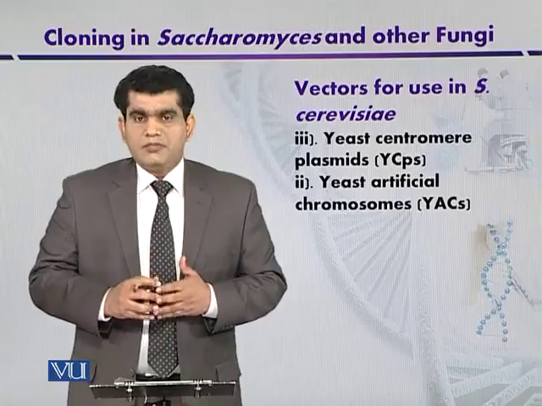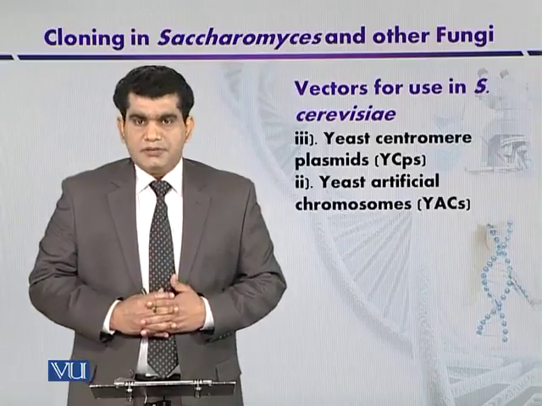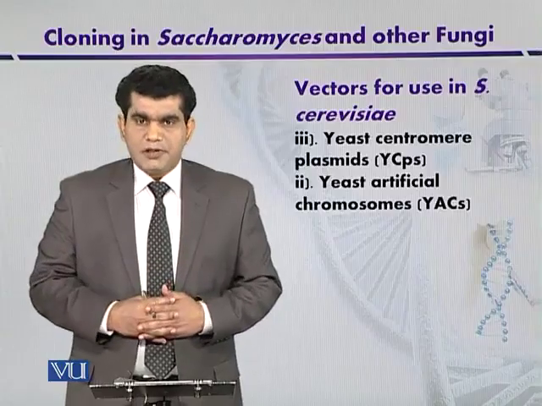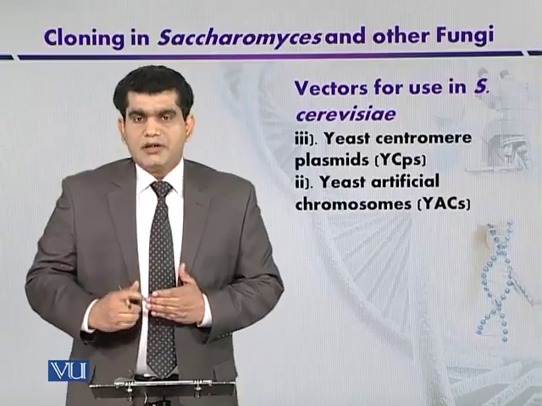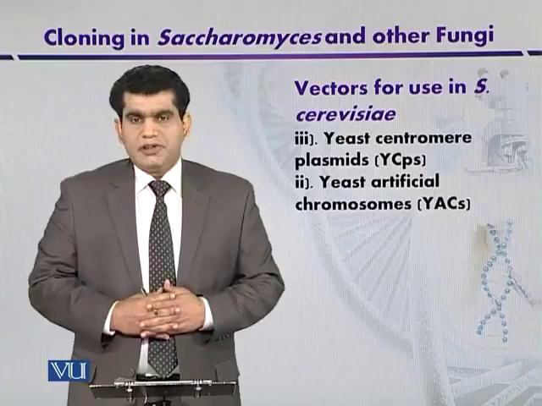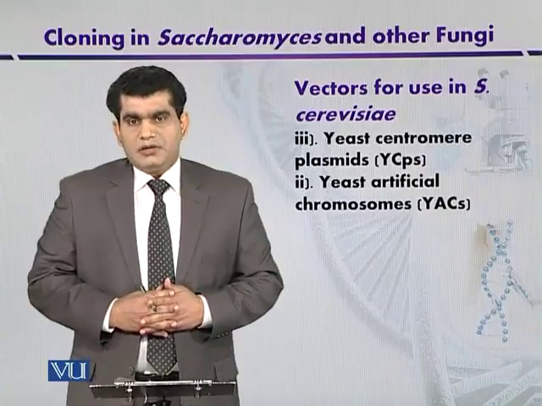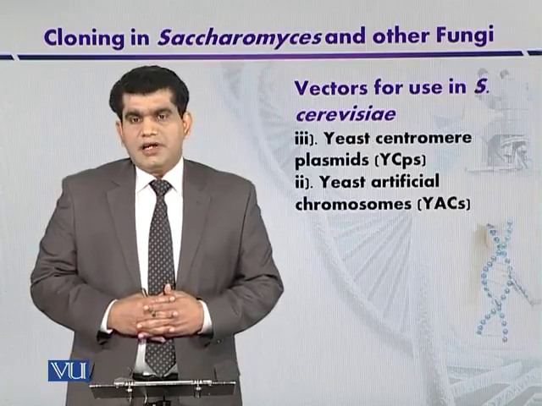And even the selectable marker like the ampicillin resistance gene has been taken from this plasmid, and all these properties have been combined with the tetracycline resistance gene or the region of replication with the yeast plasmid, and this example we are going to discuss in the next diagram.